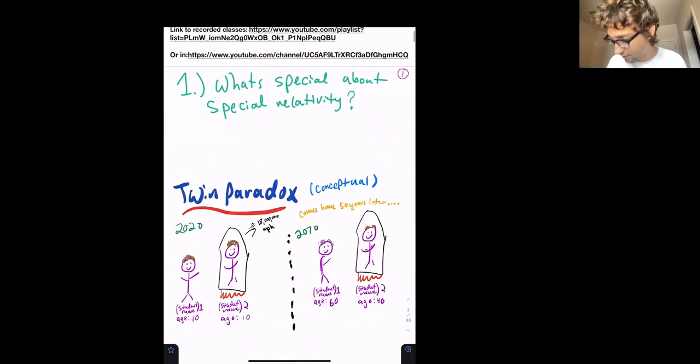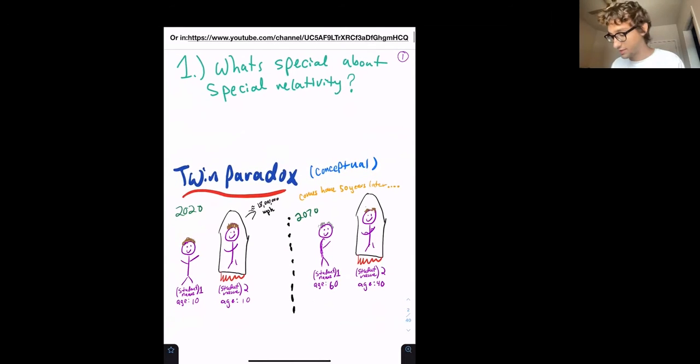I'll give you an example of an effect that happens in our universe that Einstein originally conjectured, and you'll see what's very special about this relativity. Let's say you're 10 years old and you have a twin who is also 10 years old.